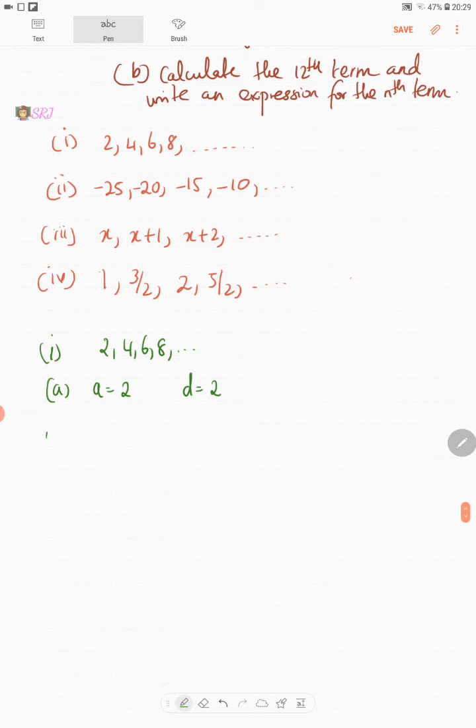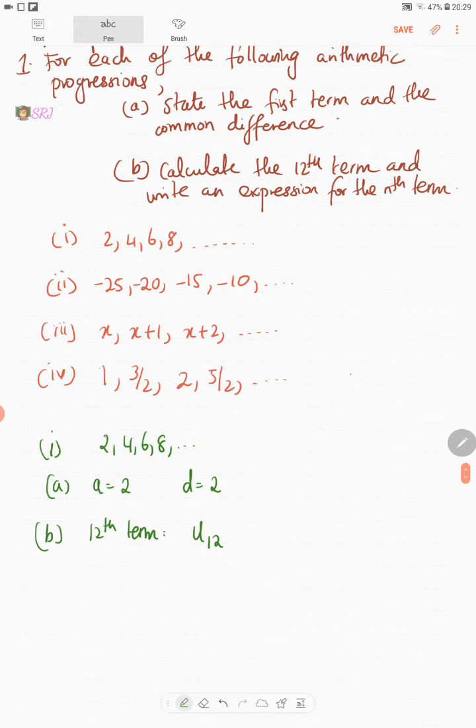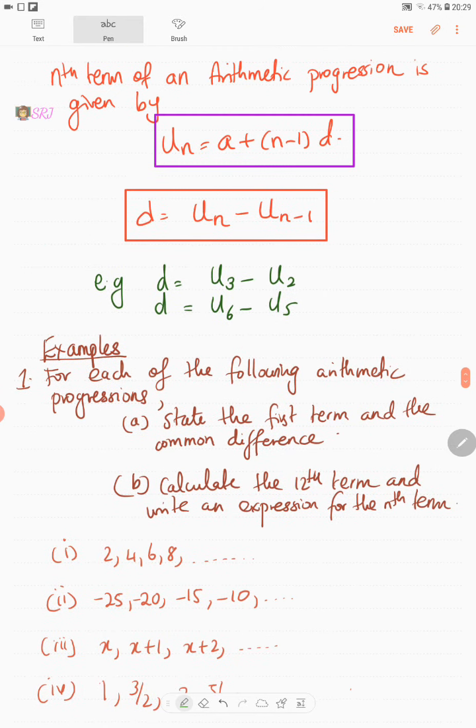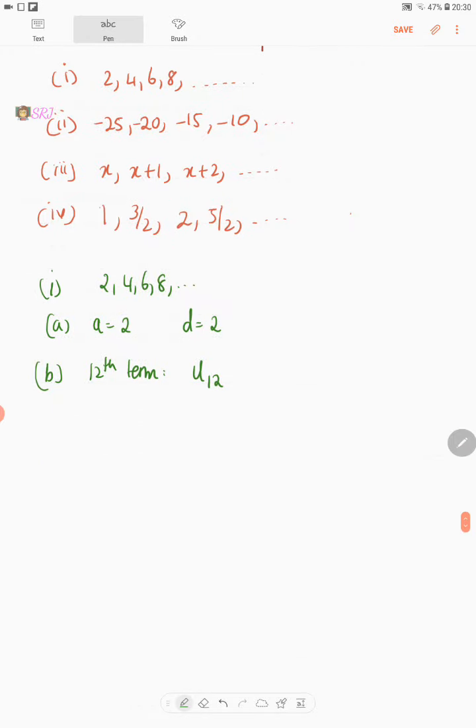And for part B, we have to calculate the 12th term, and also we have to find an expression for the nth term. So the 12th term, we can write it as u12. Using the formula for the nth term, we have to take a, and when we have n, we take n minus 1 times d. So when we have 12, it will become 12 minus 1, which is 11, times the common difference.